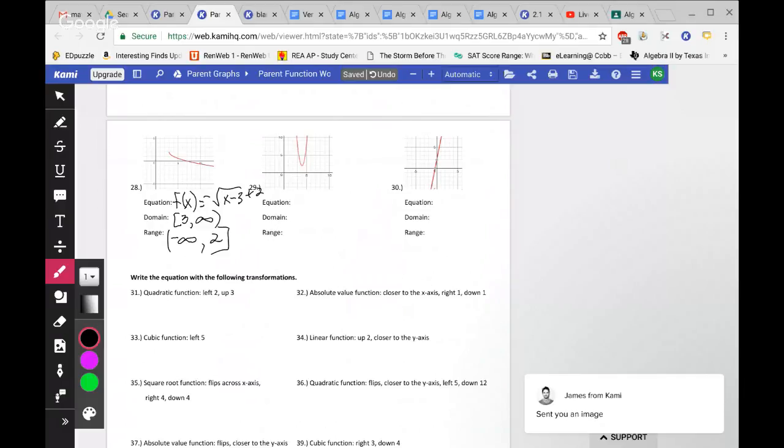And I'm trying to figure out if number 29 looks skinnier or not. I kind of feel like it does. What are your thoughts? I think it looks skinnier. So we could put a multiplier in front for sure.